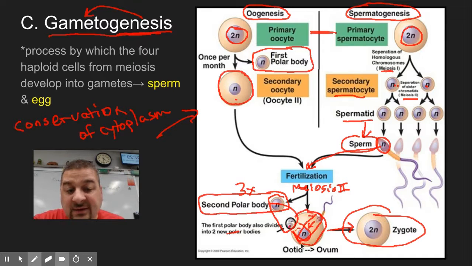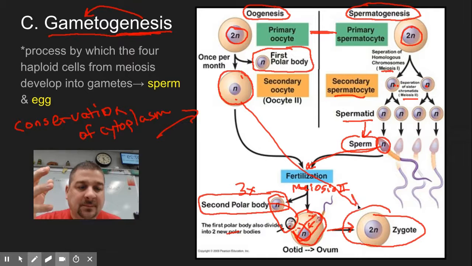Okay, the egg cell now is what has to start going through mitosis and producing more and more body cells and start growing. So it's actually really smart because it keeps all of the cell machinery, all those things we learned about in the cell chapter, like Golgi apparatus, endoplasmic reticulum, ribosomes. It keeps all of those in the one egg cell, okay, that's going to become the zygote.